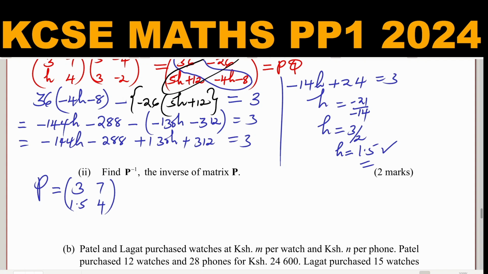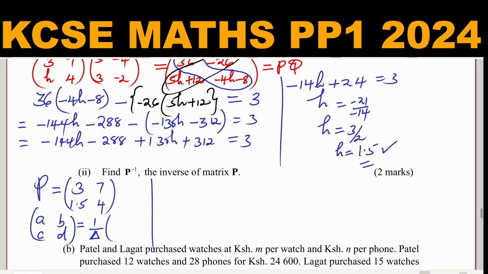Just to remind us, if you have a general 2 by 2 matrix, let's say A, B, C, D, how do you get the inverse? The inverse of this kind of matrix is given by 1 divided by the determinant of that matrix, and then you know how you are supposed to interchange these values.